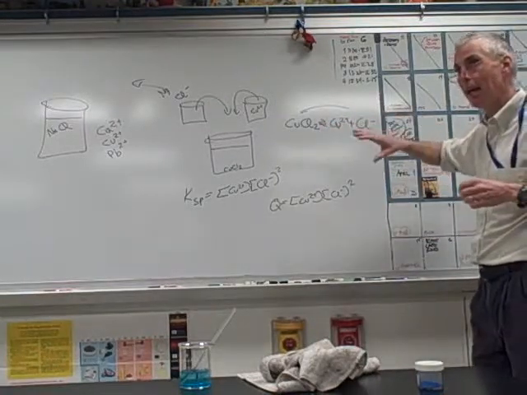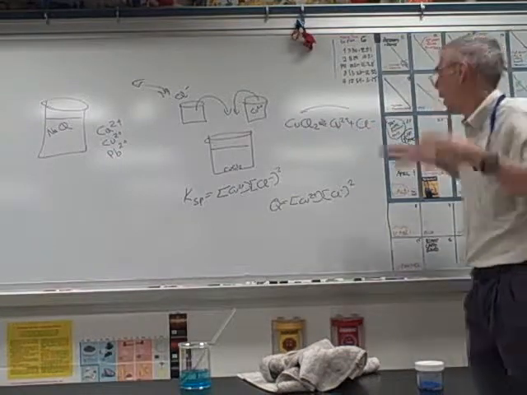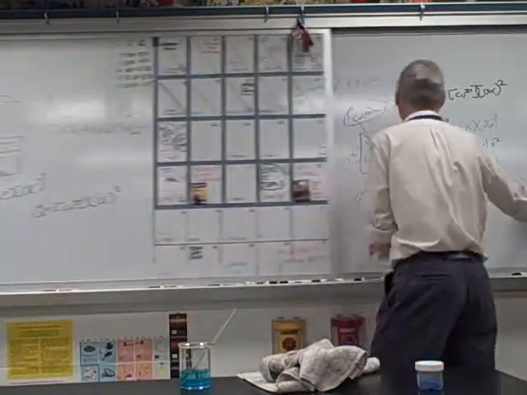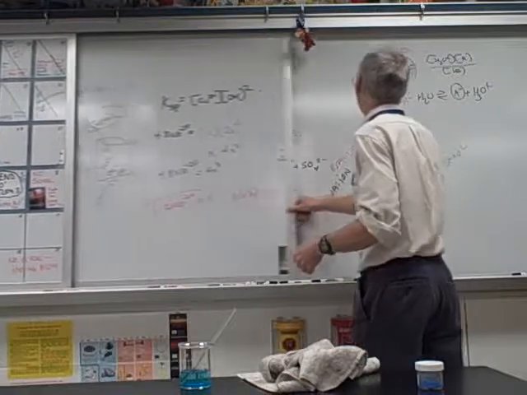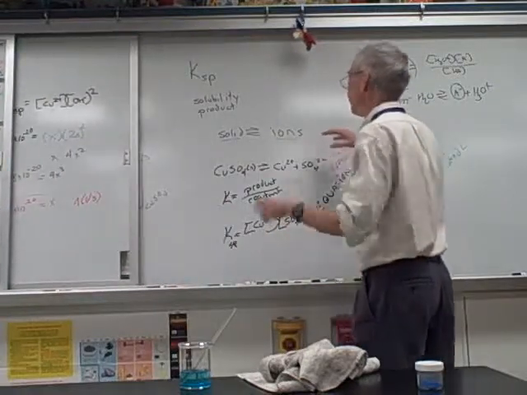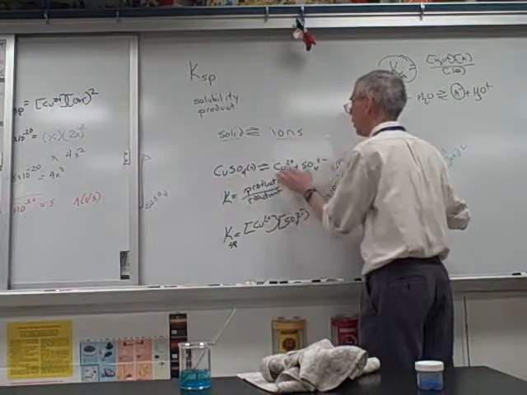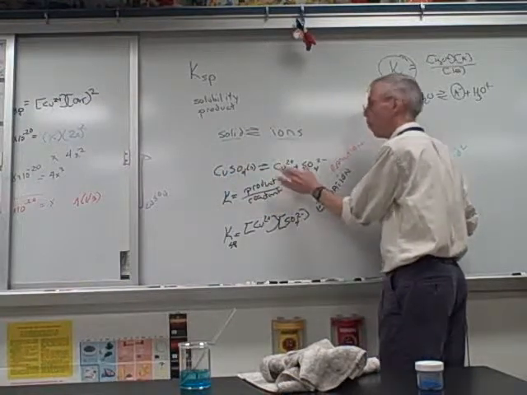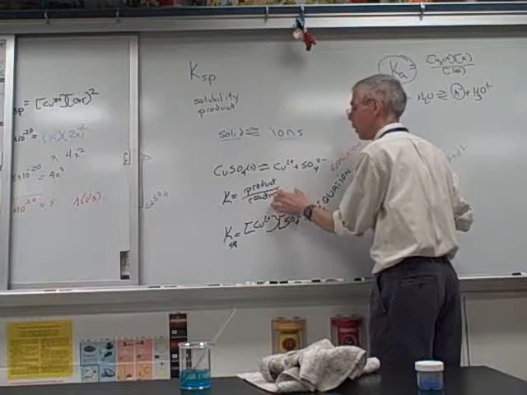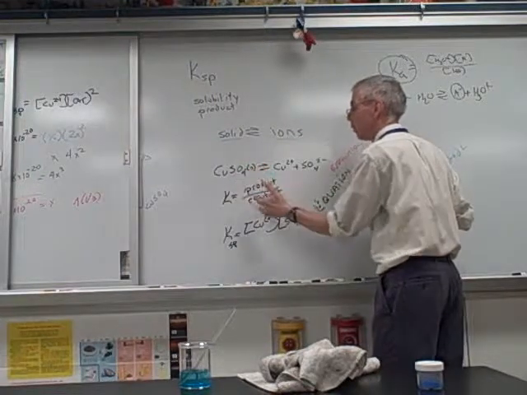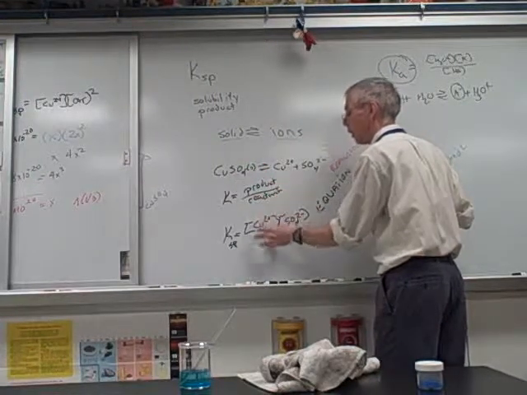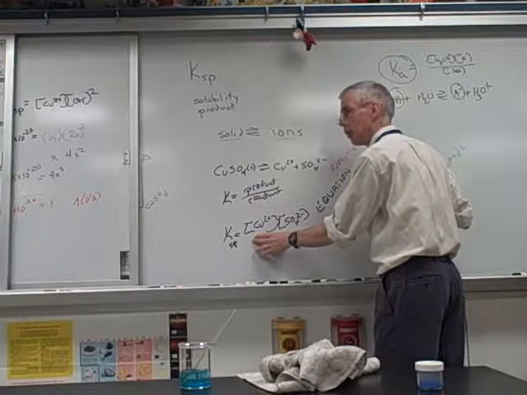It's not that bad as long as you just think of it as, I've gotta write the Ksp always the same way. It's gotta be the solid on one side, the ions on the other. As long as you remember that, you remember that the reactant is a solid, so it's not in the K expression, then you just write the Ksp with the ions.